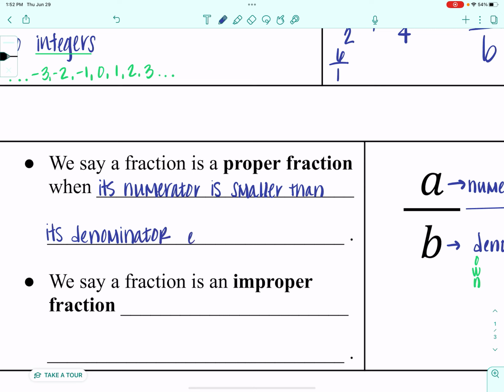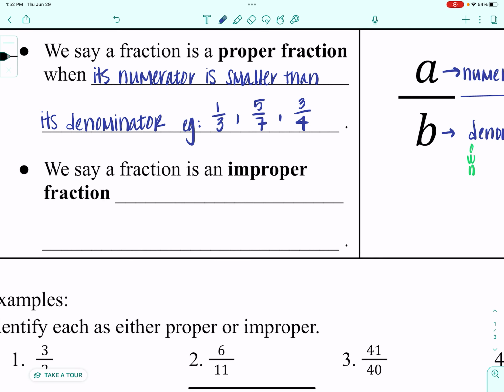So that would be 1/3 or 5/7 or 3/4. Those are proper fractions because the numerator is smaller than the denominator.